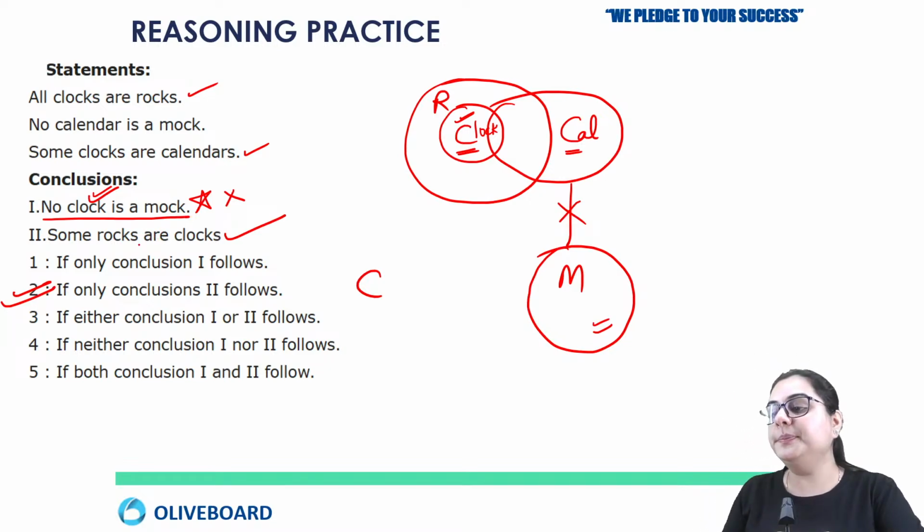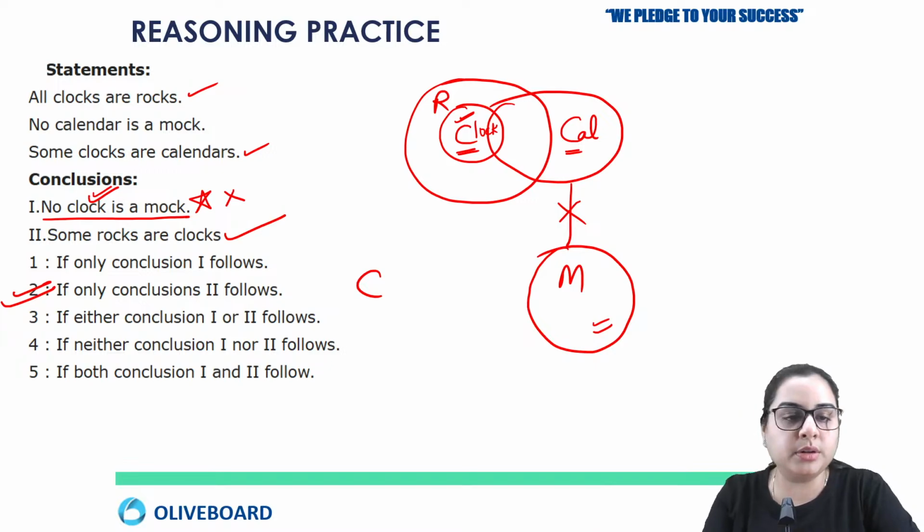So is this clear? Students, just confirm fast. Sumukh, Sandeep, Meditation, Himanshi. The first one is wrong because he is not talking about calendar, he is talking about clock.